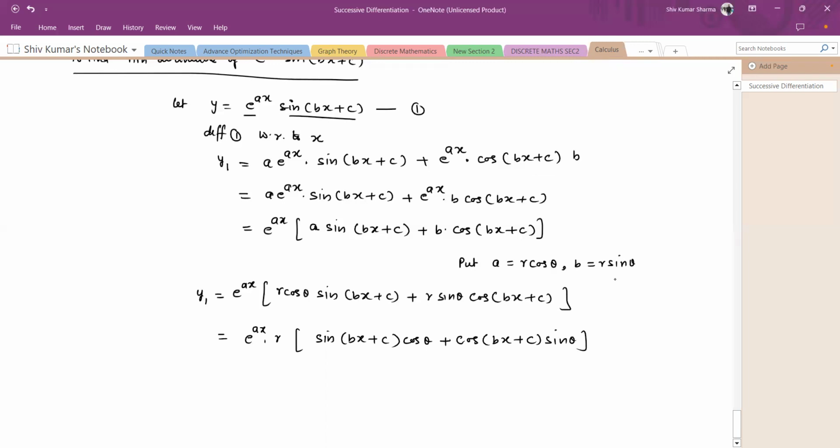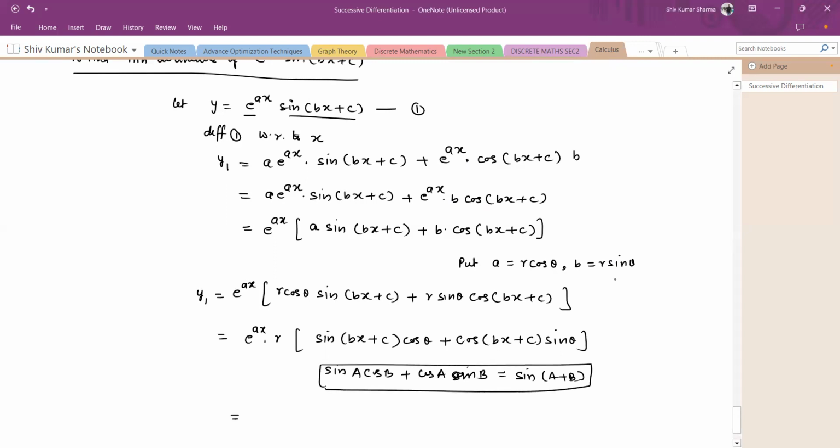So you know the formula sine a cos b plus cos a sine b is sine(a + b). So here we apply the formula sine a cos b plus cos a sine b, this gives us sine(a + b).